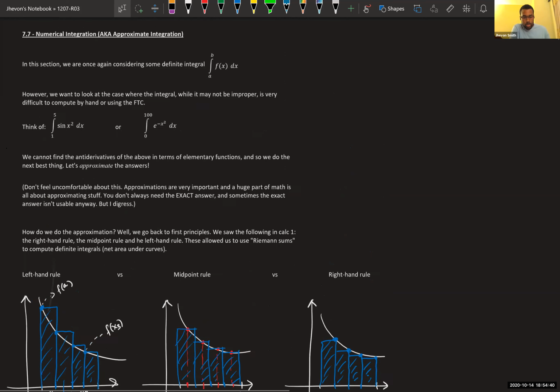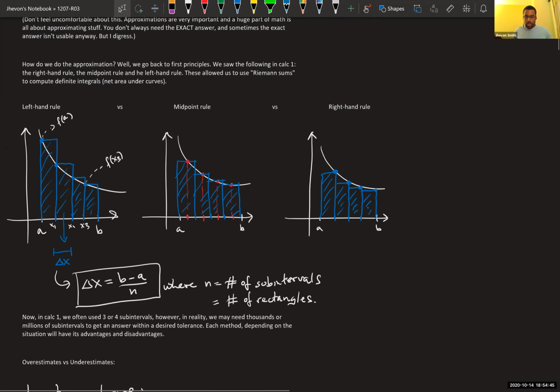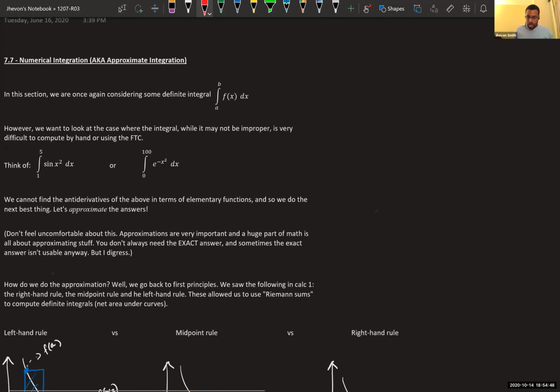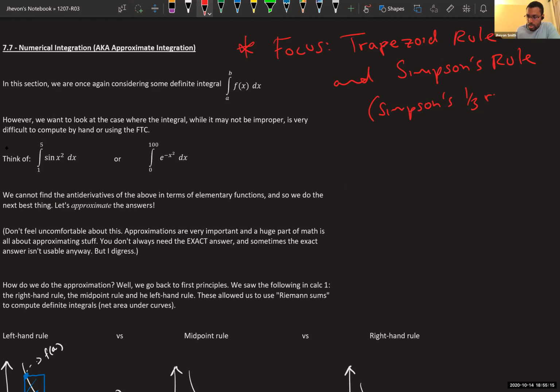However, the focus is going to be on the trapezoid rule and Simpson's rule, as in Simpson's 1/3 rule. There are other versions of Simpson's rule, but we're only going to do the 1/3 rule.